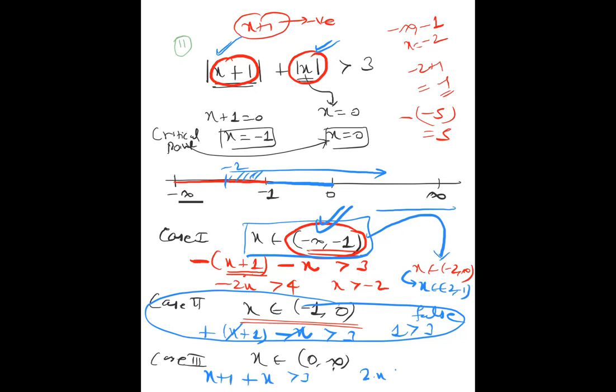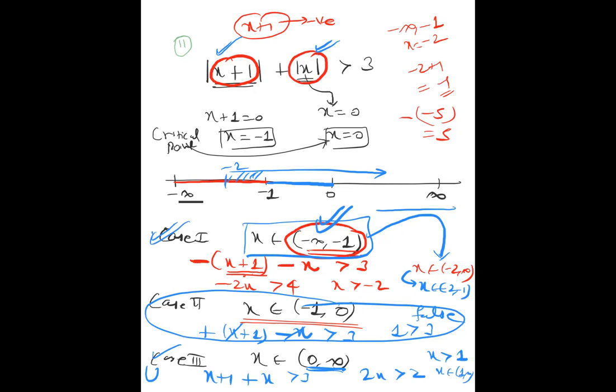So 2x is greater than 2, x is greater than 1. That means x is more than 1. Already you have taken the case 0 to infinity, so the final answer is 1 to infinity. Okay. Union.